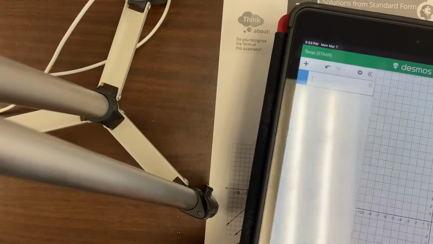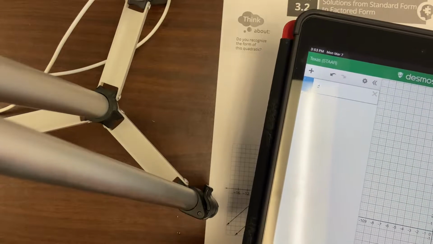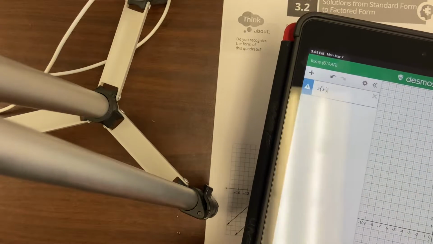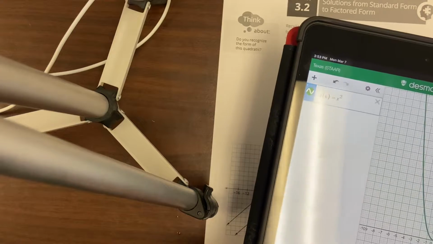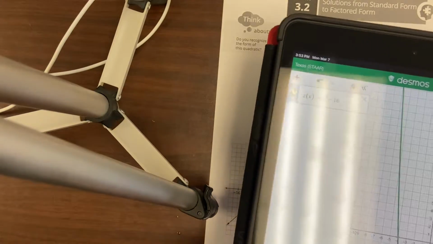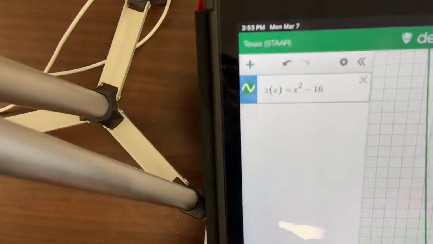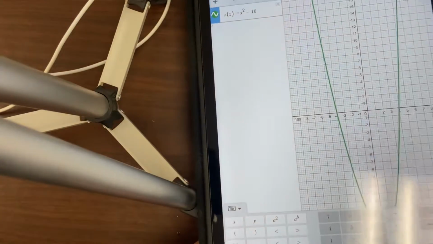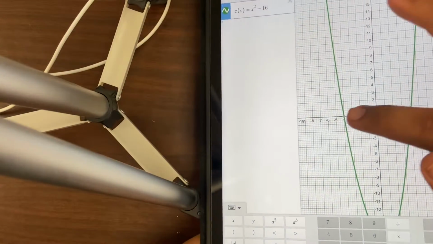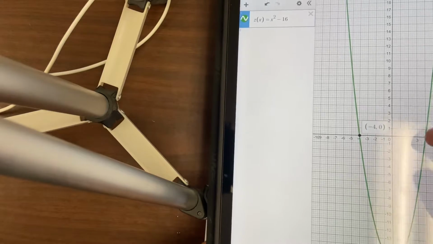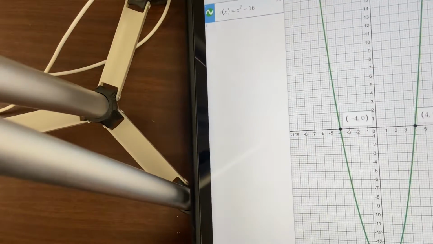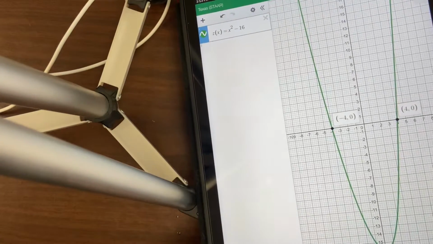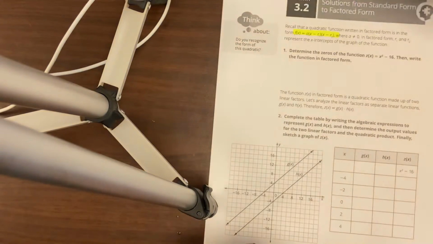Z of x equals x squared minus 16. Here's my graph. I typed this in very nice and neat. My zeros are my x-intercepts. I click those, -4 and +4. Okay, I'm gonna write those coordinates down.